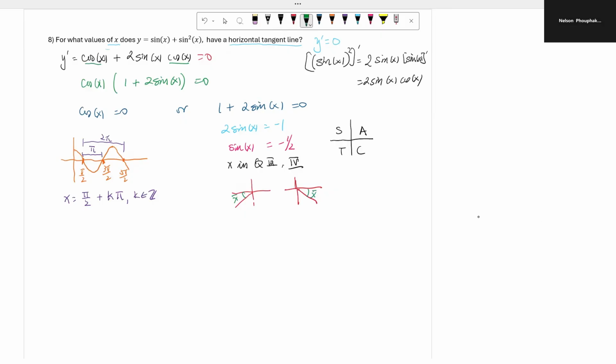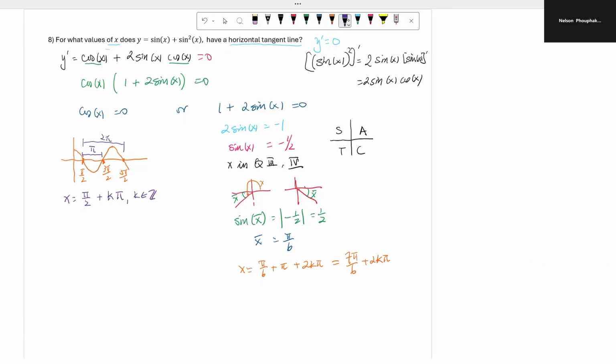Sin x bar is the absolute value of -1/2, which is 1/2, then x bar is pi over 6. So x will be pi over 6 plus pi plus 2k pi, which is 7 pi over 6 plus 2k pi.